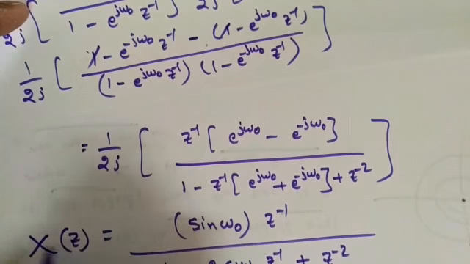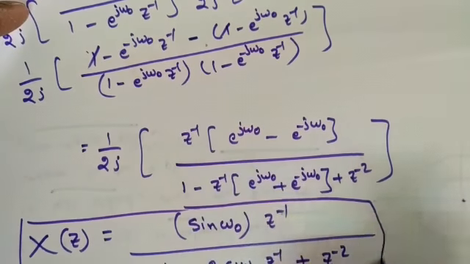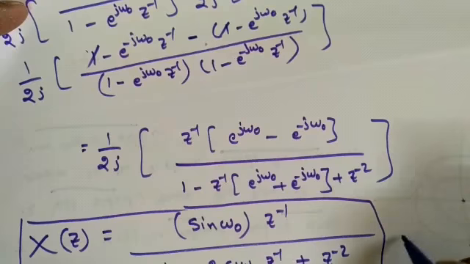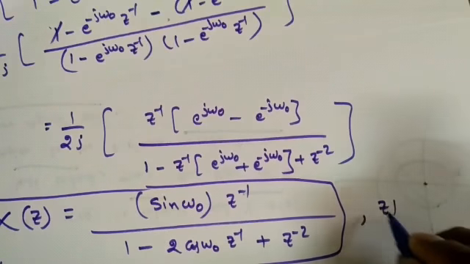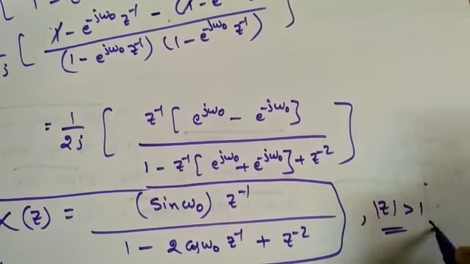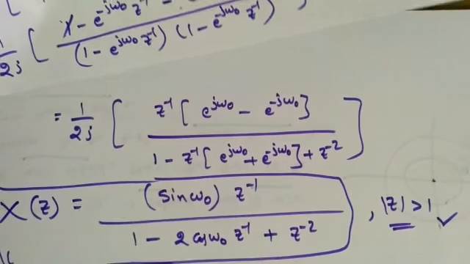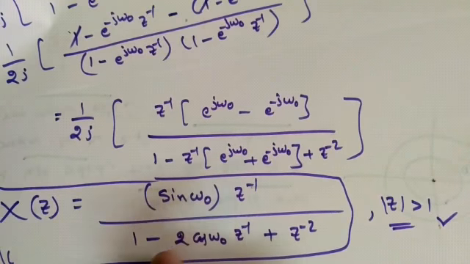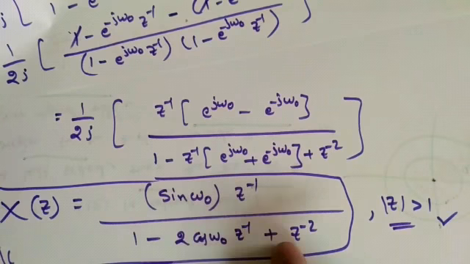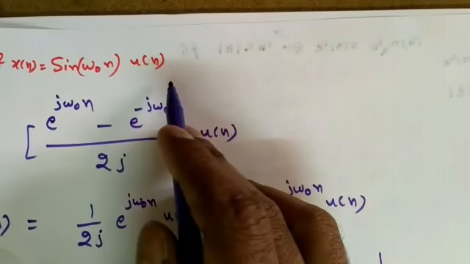This is the example of sin omega naught n into u. And ROC is same, mod z greater than 1. Right? So this is sin omega naught into z inverse by 1 minus 2 cos omega naught z inverse plus z inverse squared for sin omega naught n into u.